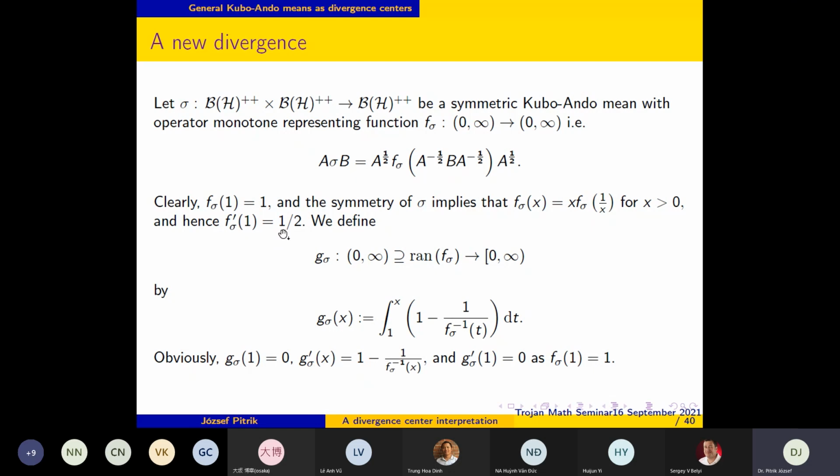Now we can define a function g sigma on the range of f sigma with this integral formula. And the properties of f sigma above obviously imply that g sigma shares these properties: g sigma at 1 is equal to 0, the derivative is the integrand, and the derivative at 1 is equal to 0.